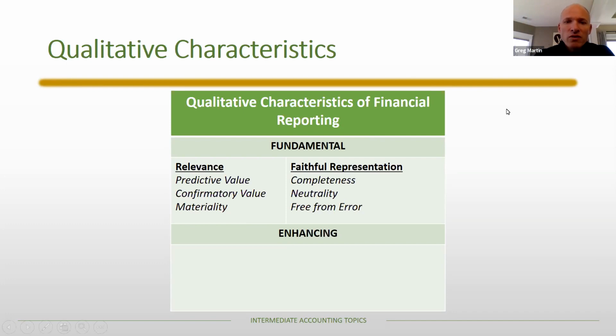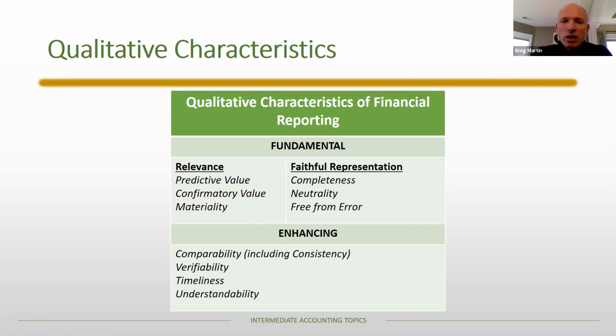And then there are several enhancing qualitative characteristics, again, not fundamental, so they are secondary, but they are still important. So comparability basically means financial information should allow us to compare company A, company B, company C, but also be able to compare company A to itself over time. And so that comparability is important.